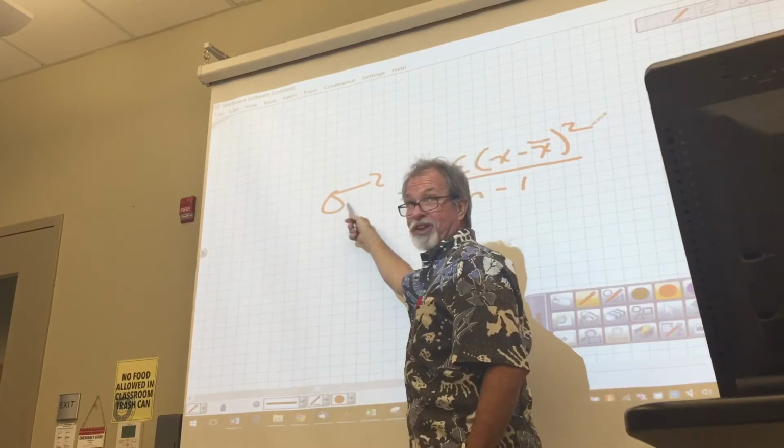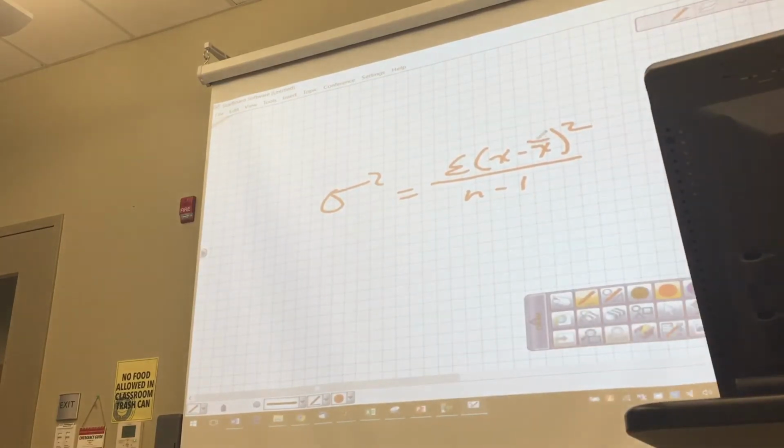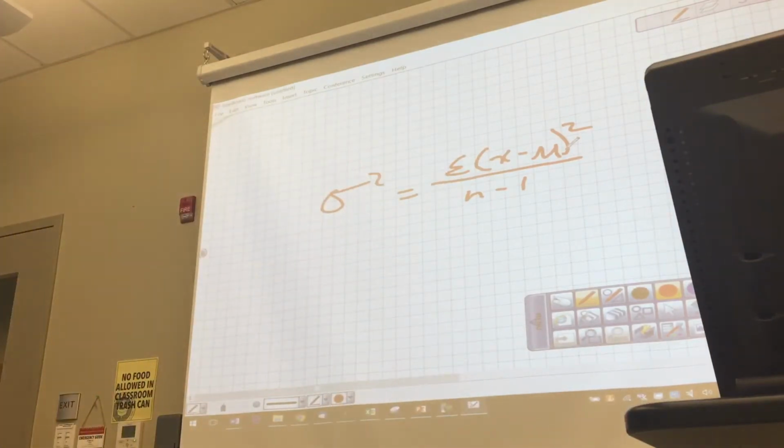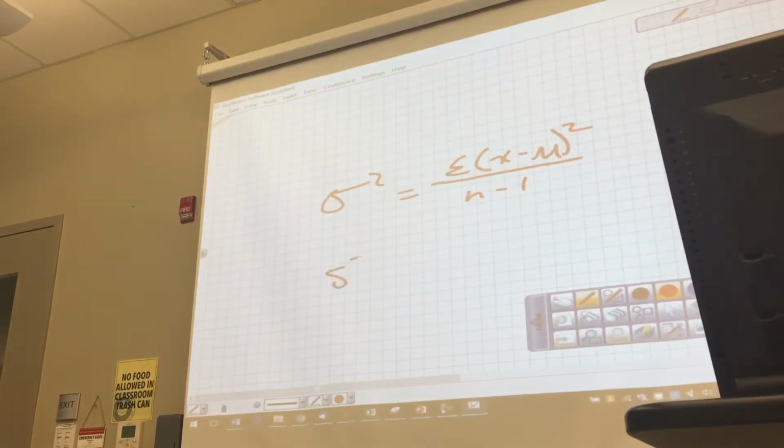Since I wrote sigma here, this would not be X bar, this would be mu. I gotta keep my symbolism correct. If I'd written S squared, I could have written X bar.